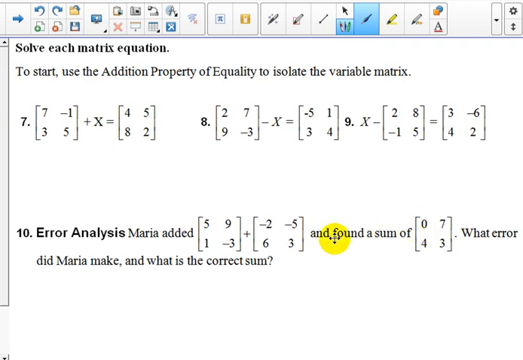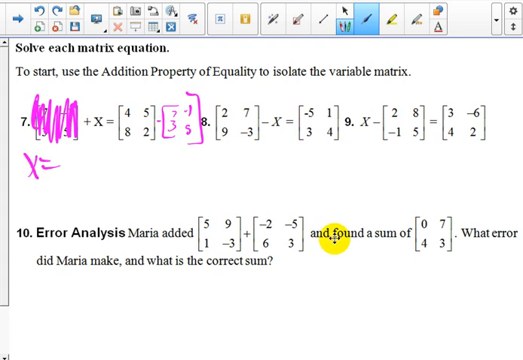Let's do the first one together just to get started. So again, you're going to subtract this from each side. 7, 3, negative 1, and 5. So you're going to subtract that over here. It's hard to write that small, okay? And then this goes away. So now perform the math.